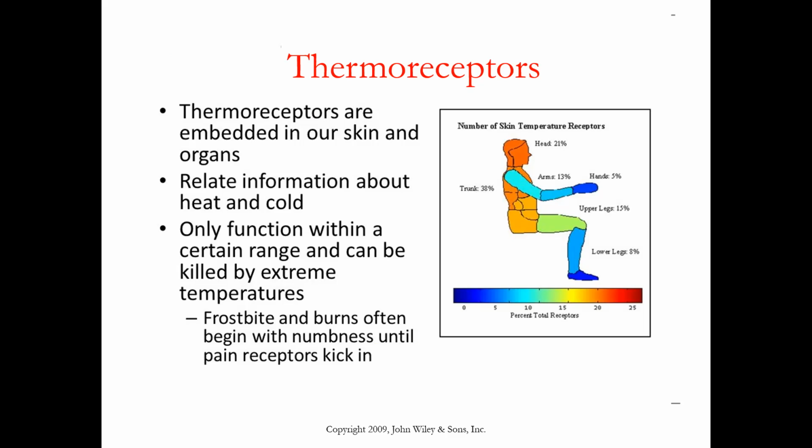If the pain receptors are destroyed because of extreme temperatures, then we don't sense anything. So temperature receptors work very well, but can't handle the extremes. Once we hit the extremes, then the pain receptors are stimulated. If the sensation increases, it can destroy the pain receptors.